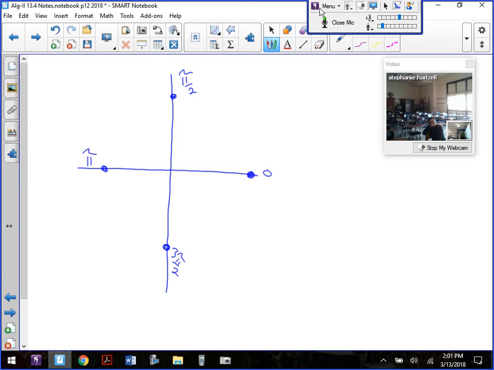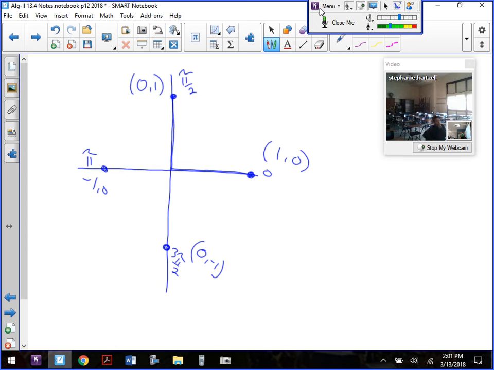When you have your quadrantals, you have specific values. When I move from the origin to the right, I move 1 unit. Am I moving in x or y? X. So my ordered pair at 0 is (1, 0). If I move vertically, am I moving in x or y? Y. My ordered pair here is (0, 1). The reflection of it goes (-1, 0), and the reflection down goes (0, -1).